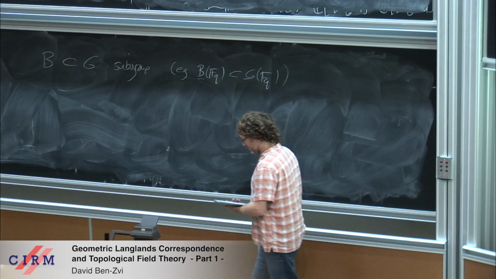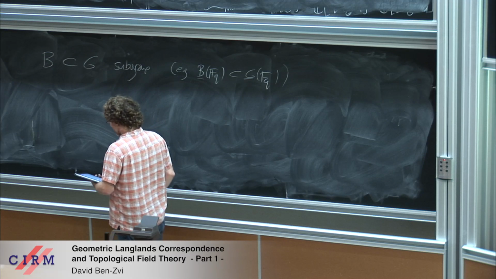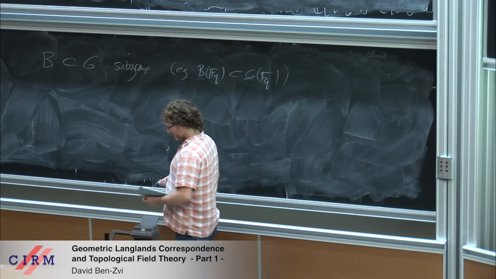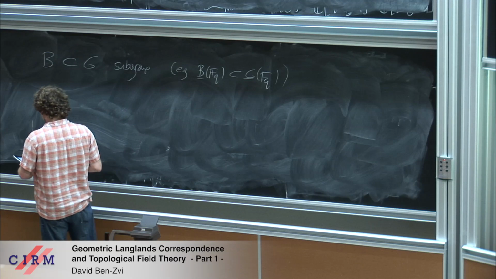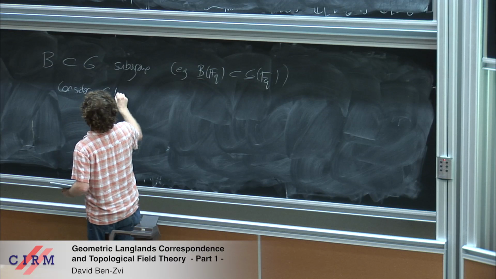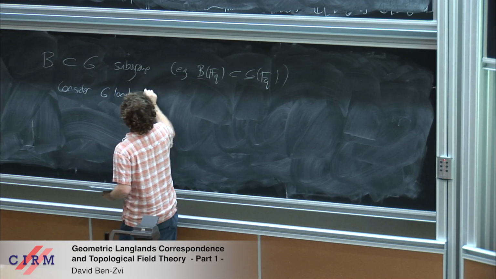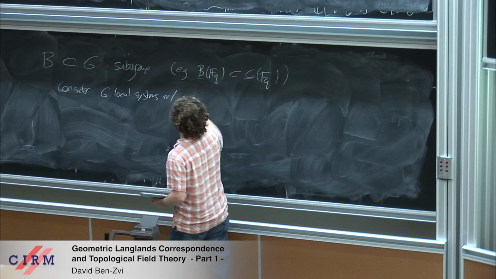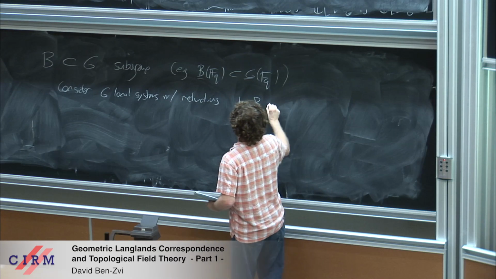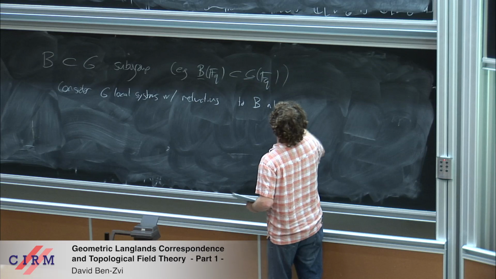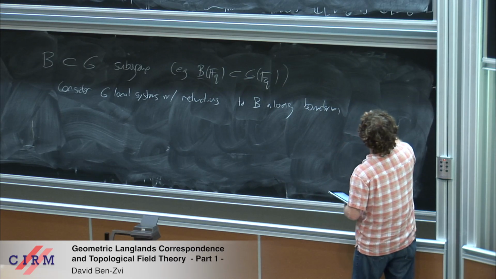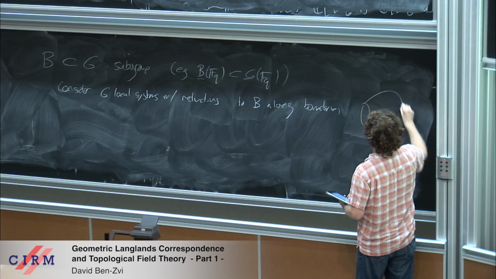But I'm just thinking of a subgroup of a finite group. So given a subgroup of a finite group, I can define a geometric boundary condition. I can consider G local systems with reductions to B along the boundaries. So I can define this kind of boundary condition that I want geometrically.